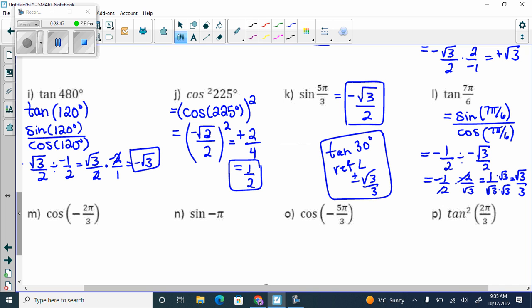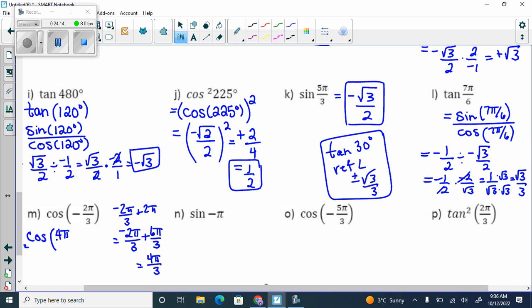Okay, we have cos of negative 2 pi over 3. If I take negative 2 pi over 3 and I add 2 pi to it, that's 6 pi over 3, so I get 4 pi over 3. So we're going to look for cos of 4 pi over 3.